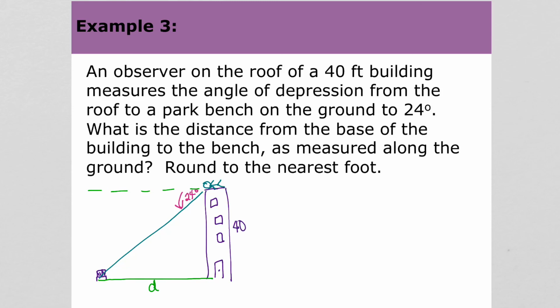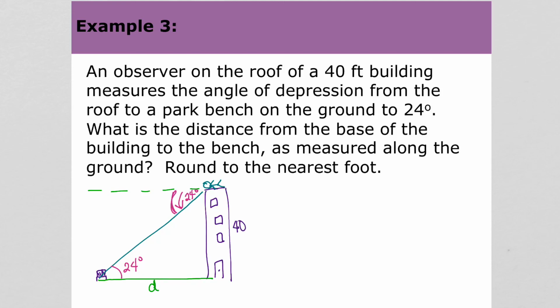So what have we got here? Remember back from high school, parallel lines, alternate interior angles are congruent. Yeah, you kind of have to remember this stuff a little bit. This angle and this angle are going to be the same. So this angle is 24 degrees. We've got the adjacent and we've got the opposite.